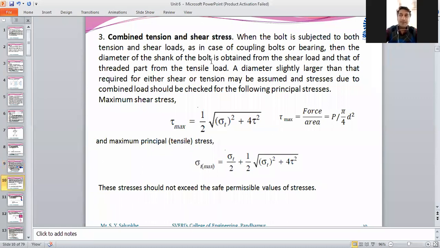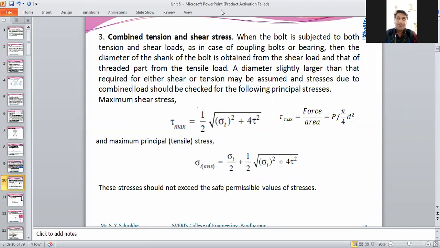Okay, then as we have considered pure tensile stress and pure shear stress, there might be some applications where the tensile load is also coming and shear load is also coming on the bolts. So in the case of bolted joints, they are designed for combined tension and shear stresses.